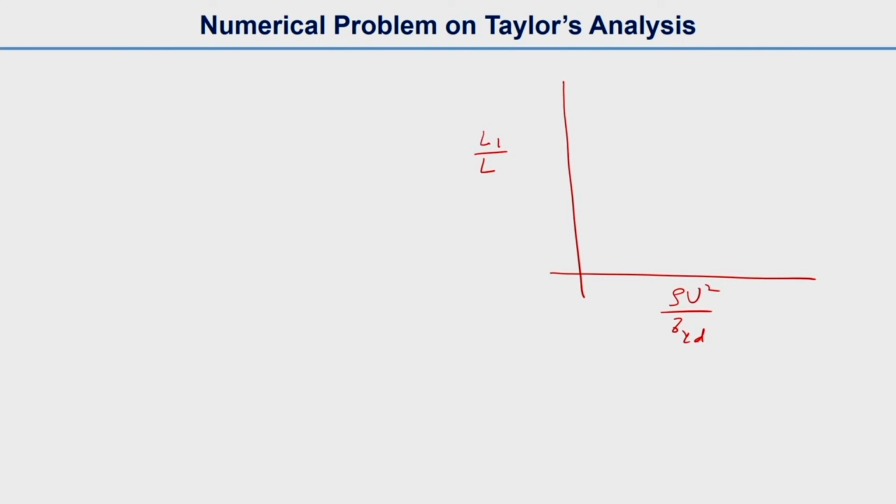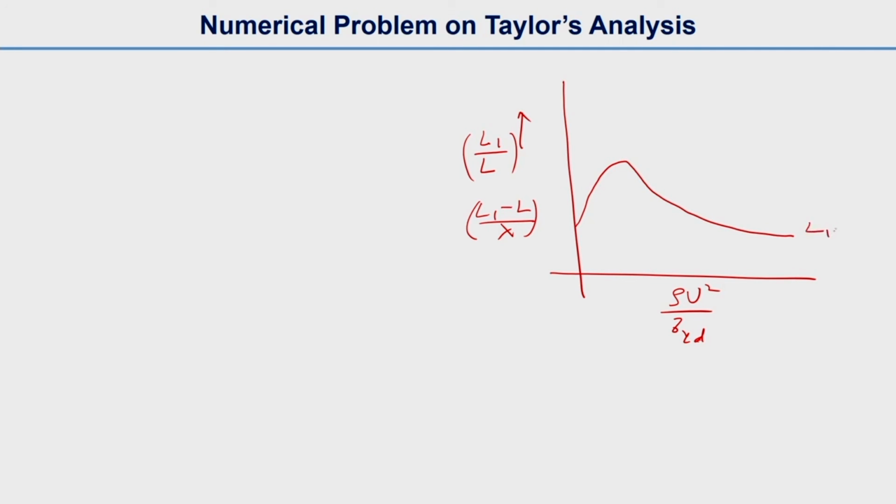So L1 by L, and then another ratio is (L1 minus x) by L. So both of these we can plot with this rho u square by sigma yd. So that is the curve that we already did in the earlier lectures.